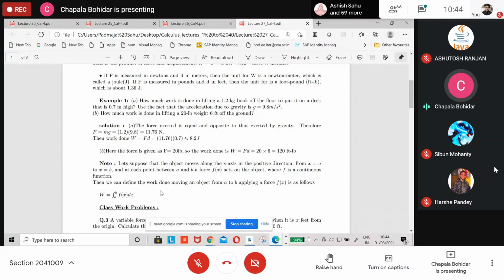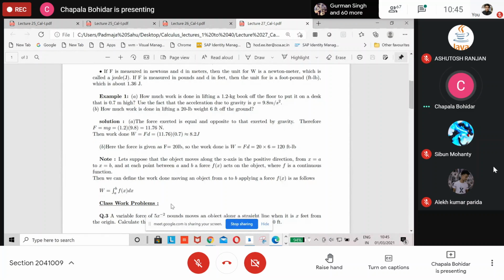Then we can define the work done: W is equal to the integral from A to B of F(x) dx. Okay, this is our formula. This is called total work done.